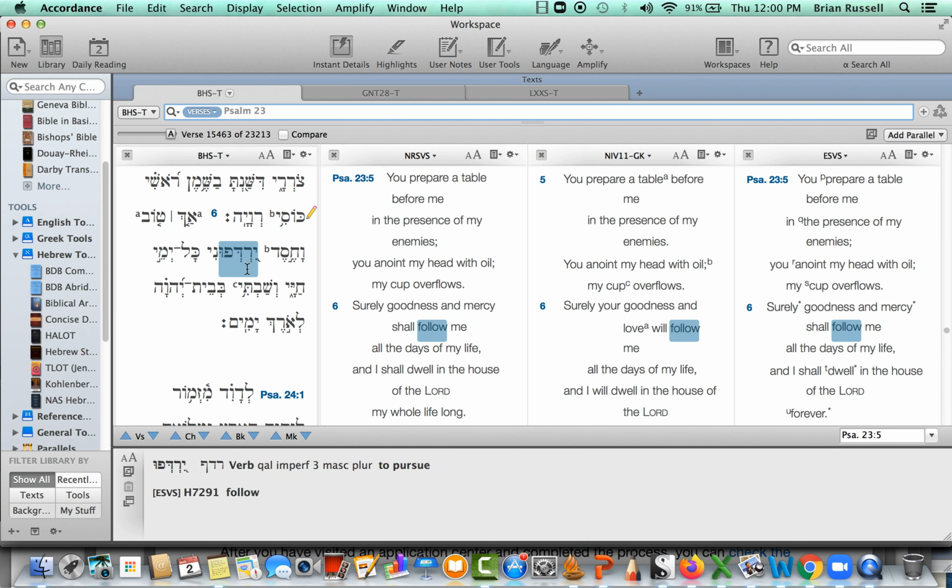Then a verb, qal, imperfect, third masculine plural. Why is it plural? Because it has these two words, tov and chesed, as the subjects. So good and love will follow me. The suffix at the end there is the object. So what kind of imperfect is this? In this case, all of the translations do what?